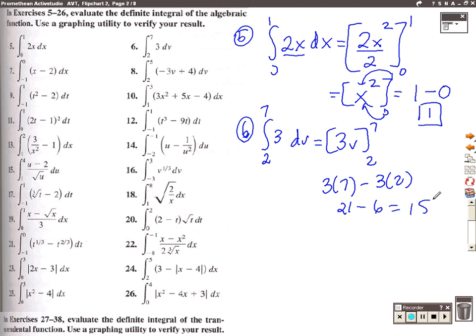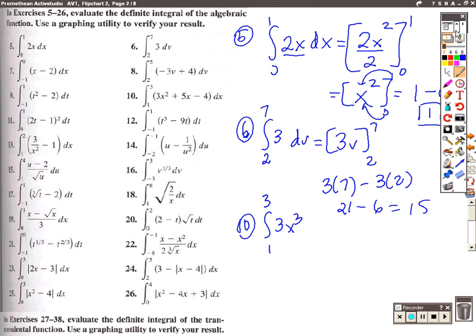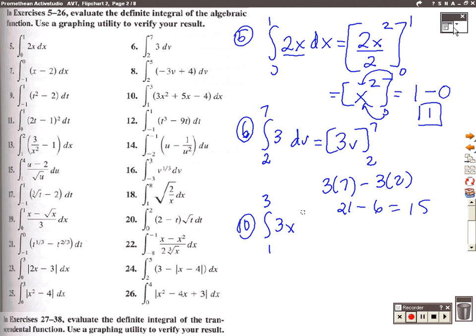Let's jump over to number 10 because 7, 8, and 9 would be done basically the same way. In number 10, we just have 3 terms, so we're going to go from 1 to 3 of 3x squared plus 5x minus 4 dx.